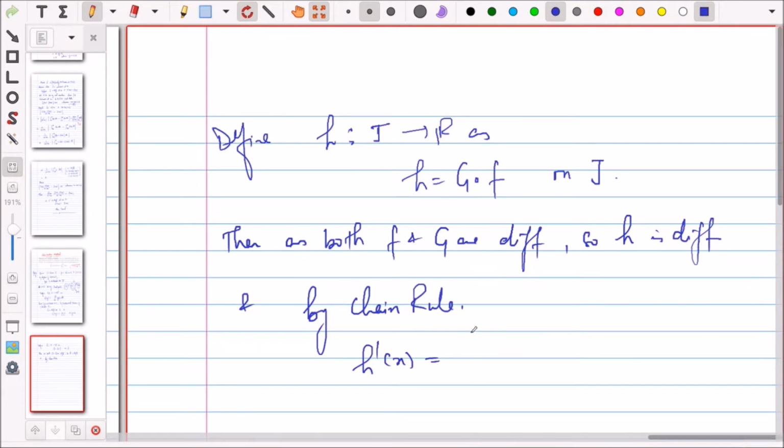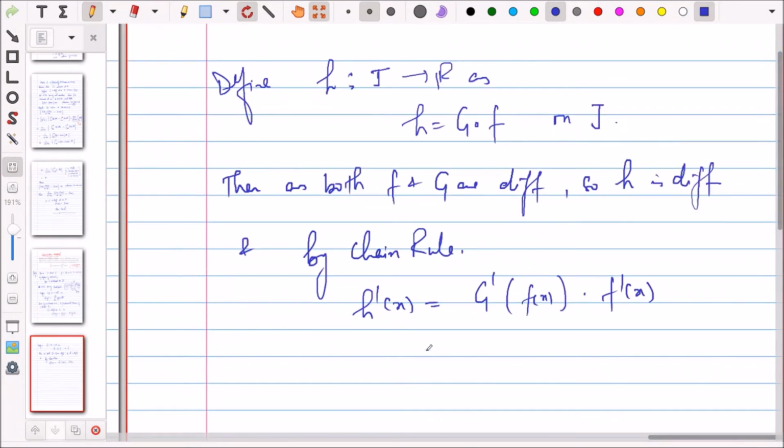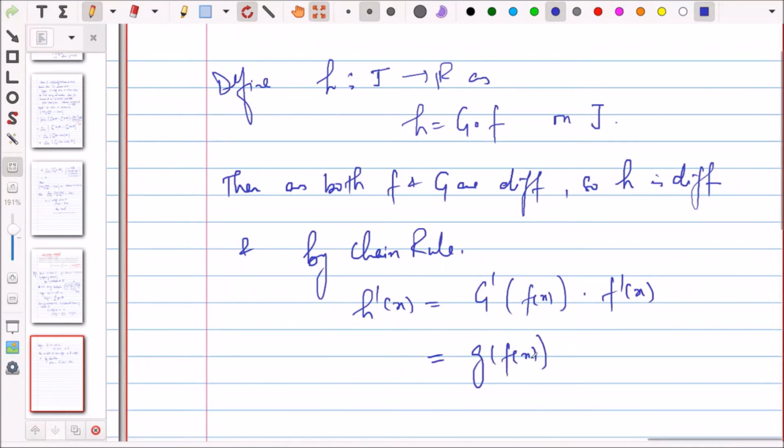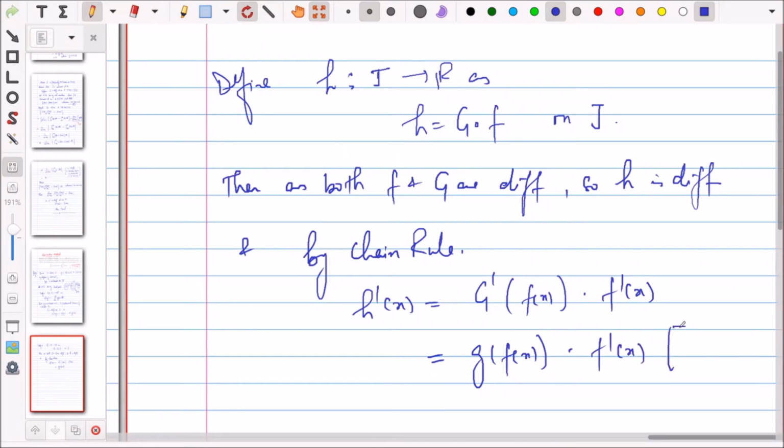G dash f(x) into f dash x, right? और G dash क्या है हमारा? Since G dash y is equal to g(y) for all y, या इसको एक नाम दे दो और बस सीधे लिख दो from a.